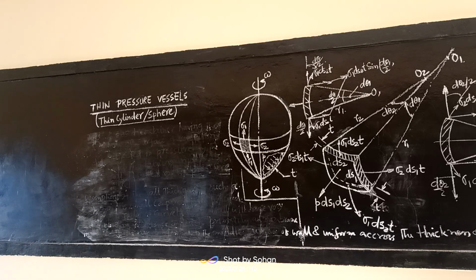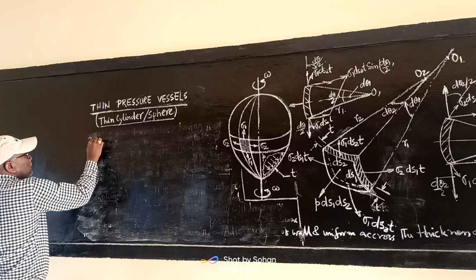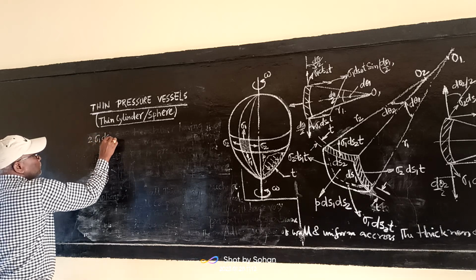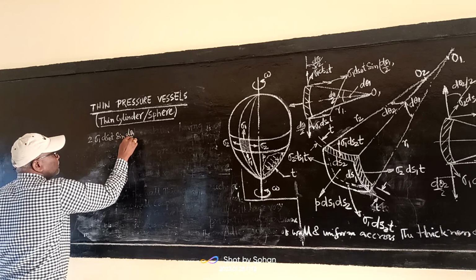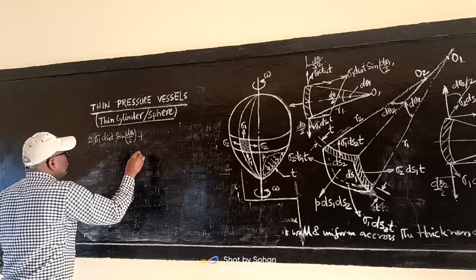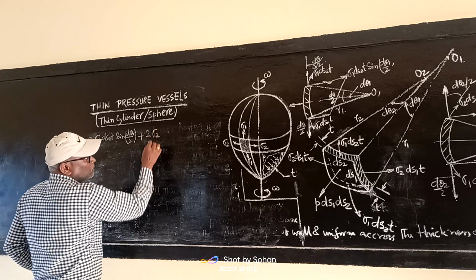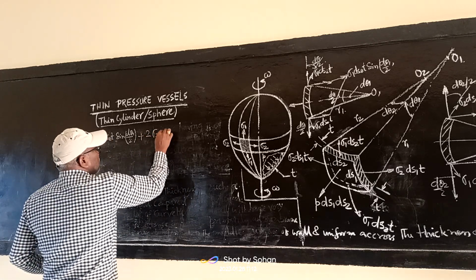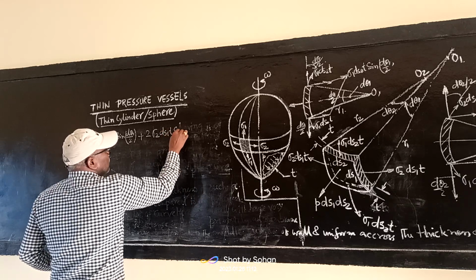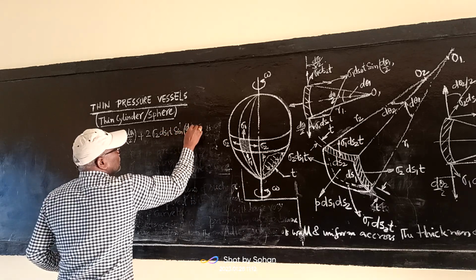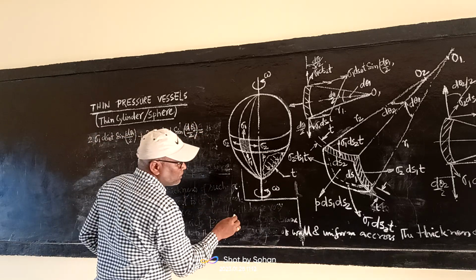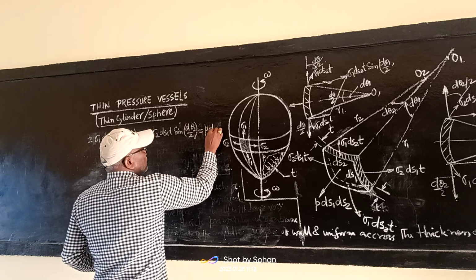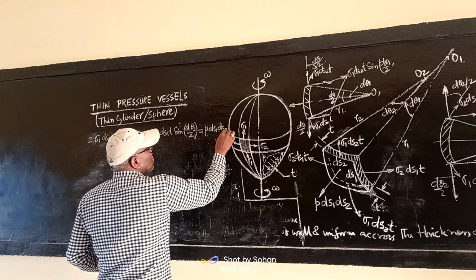So the ultimate result of the equilibrium becomes like this: 2 sigma 1 ds2 t sin d theta 1 by 2 plus 2 sigma 2 ds1 t sin d theta 2 by 2 is equal to the pressure force that will be restricted, p ds1 ds2.